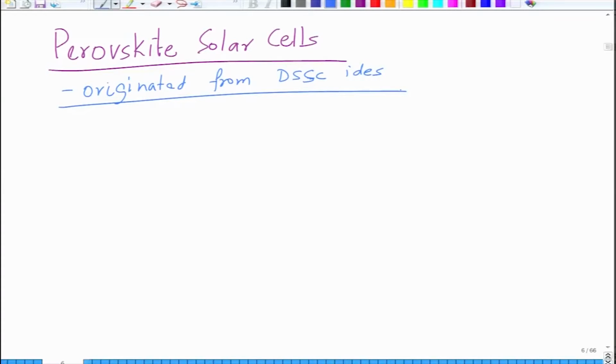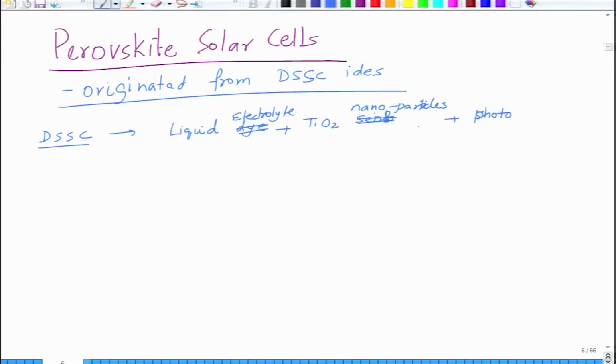So, in the DSSC initially we had a liquid electrolyte plus TiO2 nanoparticles, which act as a photoelectrode, plus a photosensitive dye, right.